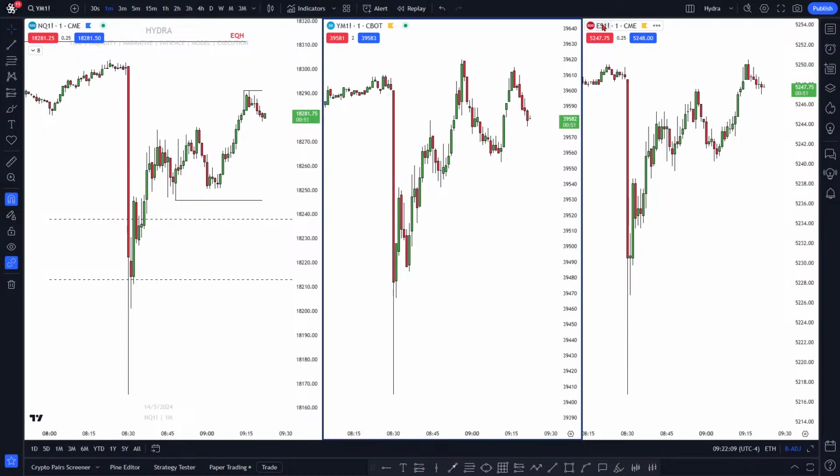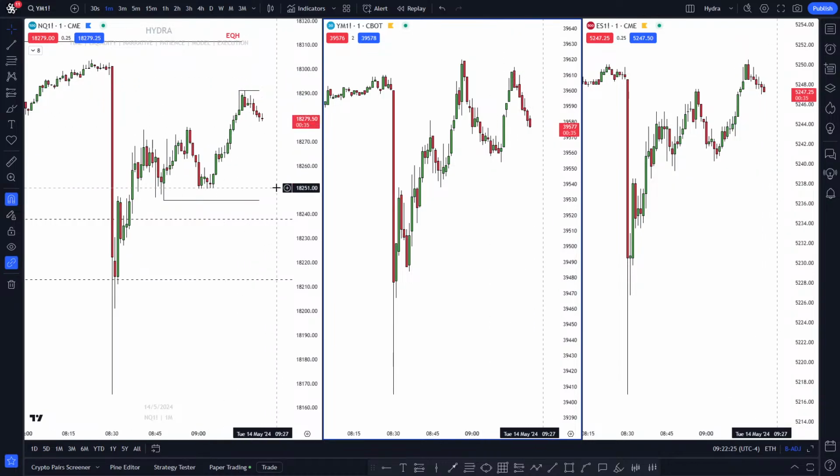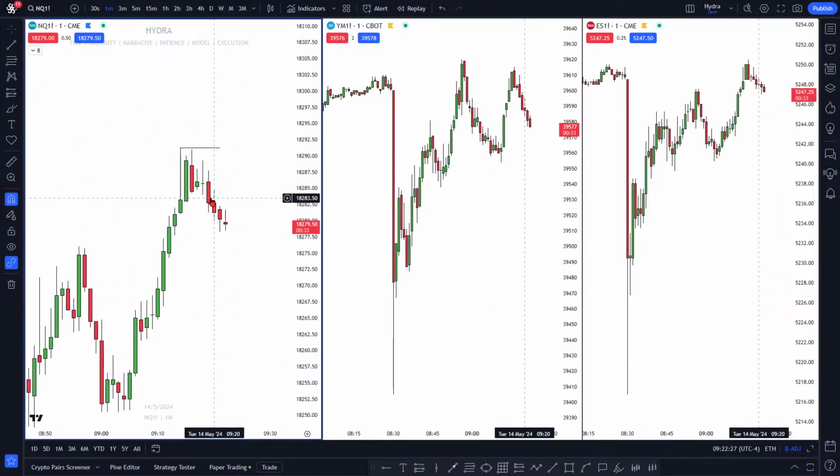So two pairs, ES and Dow, did a stop hunt, went above. They both went above this 830 news high, and only Nasdaq failed to do so. Very nice SMT. I like this short idea from here, but I also don't like the equal highs that we have.